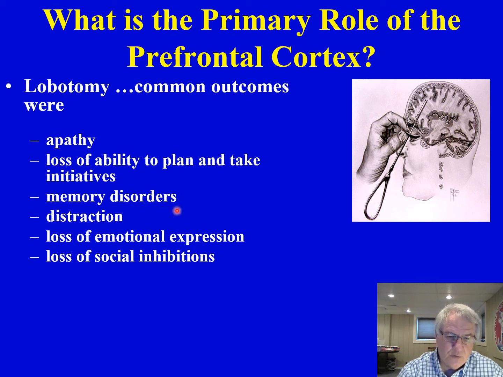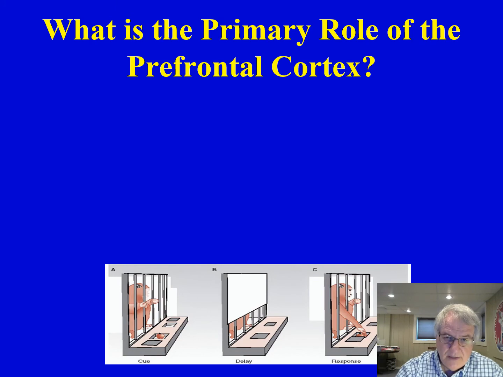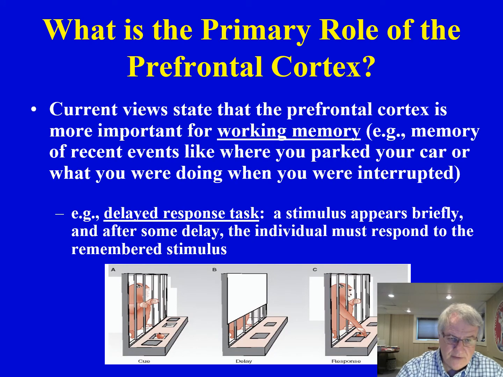They had memory disorders, the loss of social inhibitions, loss of emotional expressions. We didn't really learn much from those lobotomies. Indeed, it's a tragic part of the history of science. But more recently, we have understood that the prefrontal cortical area of the brain is involved in some very important behavioral functions. And the primary role really is in what we call working memory.